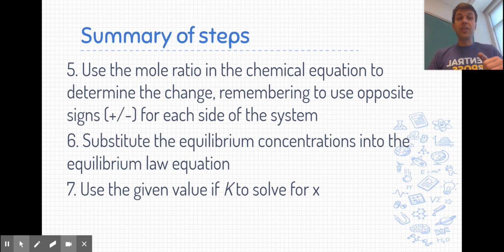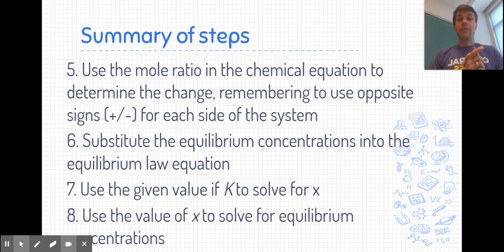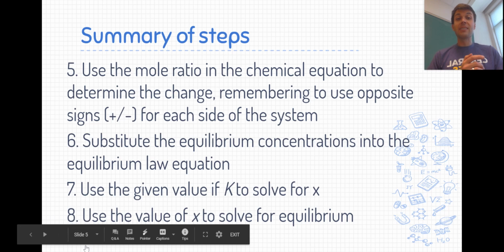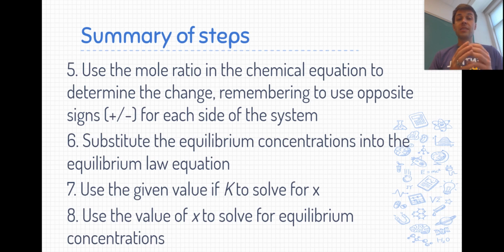Since we were given the value of k, we then solved for x. In this case, we used the fact that we had perfect squares on the right-hand side to simplify by taking the square root of both sides and then solving for x. Finally, we remembered that x was not the value that we're trying to find. X wasn't what was asked, but the question asked for the equilibrium concentrations.